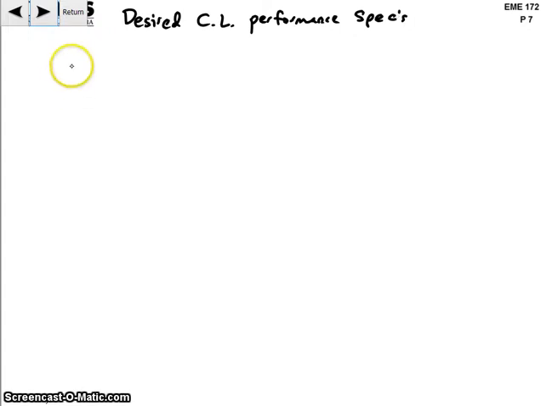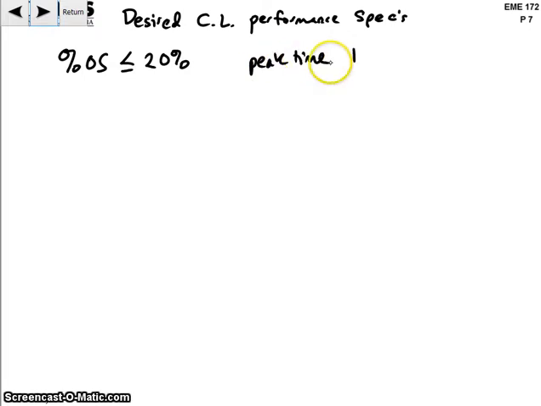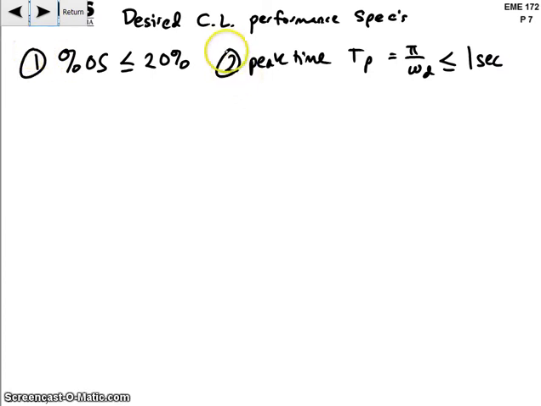The two specs I'm going to give you are that I want the percent overshoot to be less than or equal to 20%, and I want the peak time, TP, which is pi over omega d, the damped natural frequency, to be less than or equal to 1 second. These are the two specs that I have.